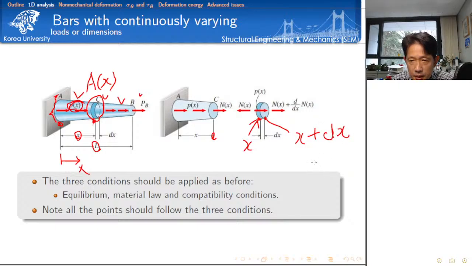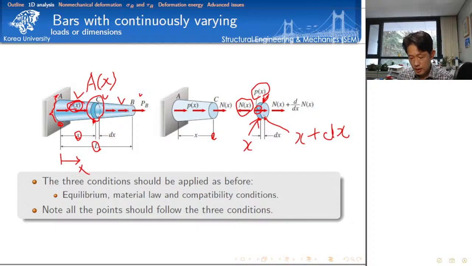Is it clear? If you look at the forces acting on this small segment, first we may consider the external forces. The distributed load is given by a function p(x), and then we must have internal forces.